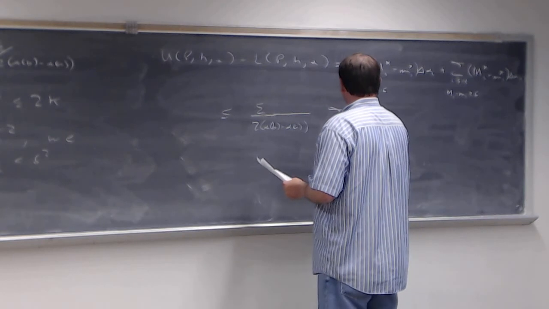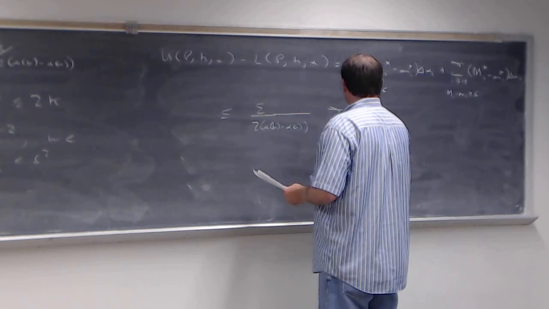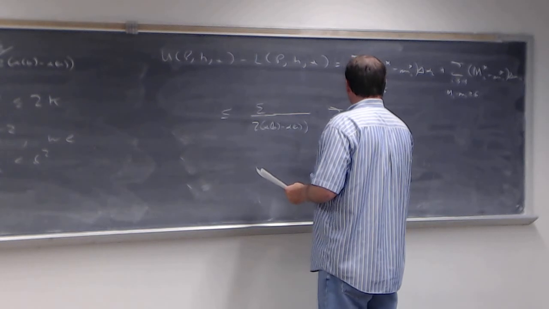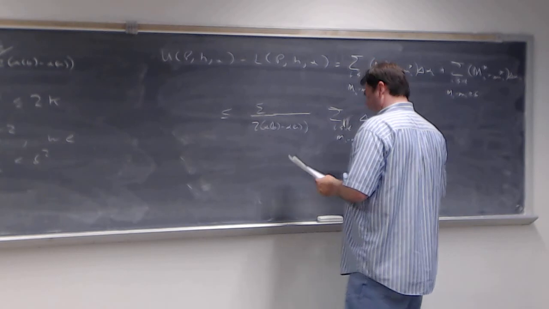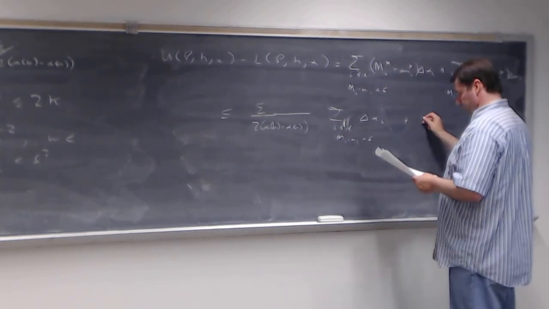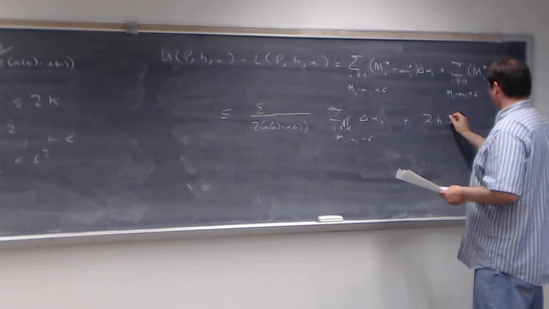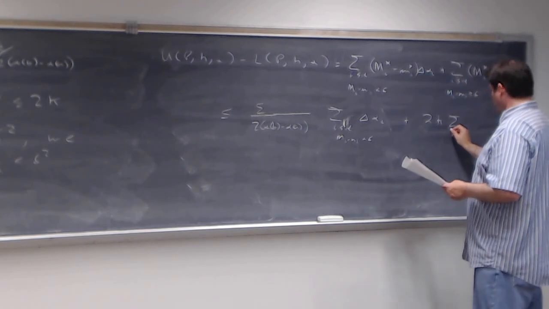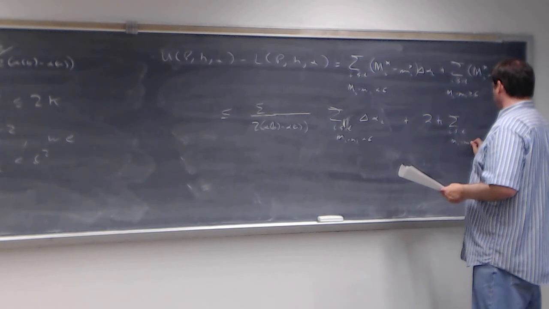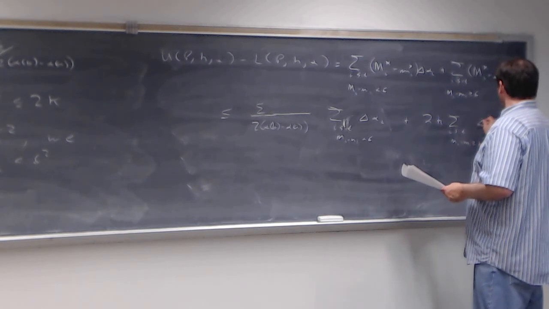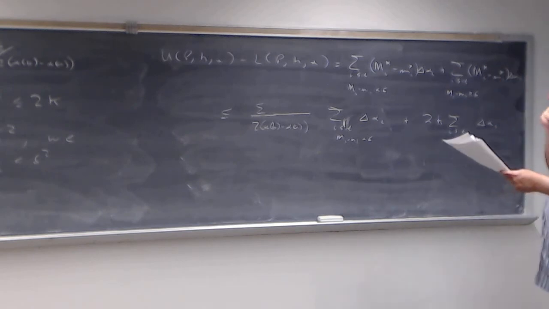times this sum of the i's such that M sub i minus little m sub i is less than delta of the delta alpha sub i's, plus here we're going to pull out 2k. This guy's going to be less than 2 times k. So the sum over the i's such that M sub i minus little m sub i is greater than or equal to delta times the delta alpha sub i's.